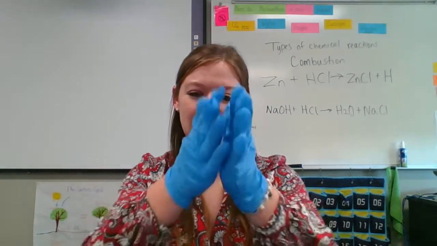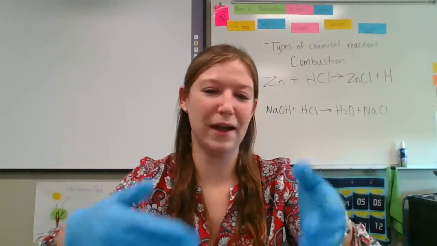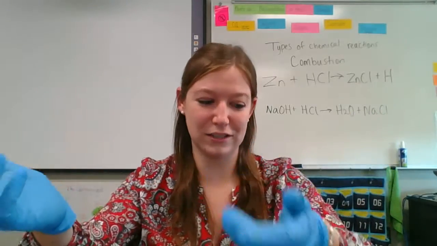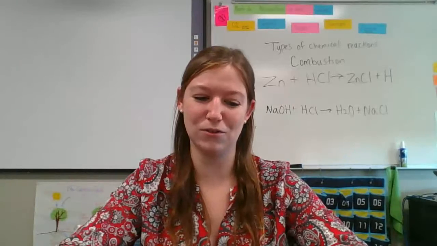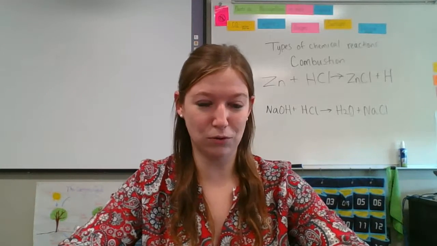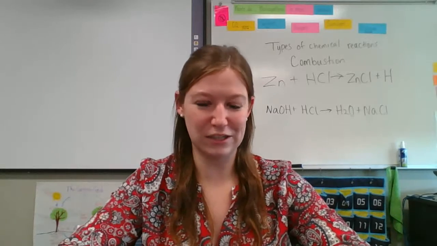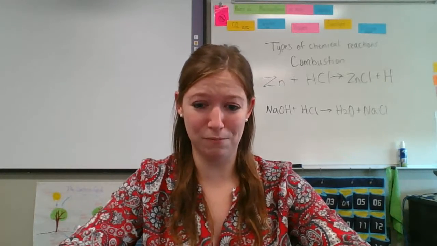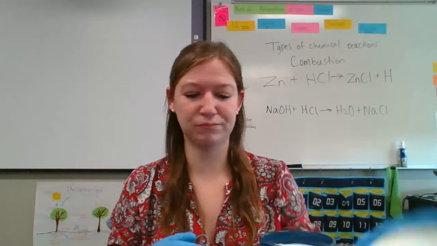It will dissociate, it will decompose, and it will form hydrogen gas and oxygen gas, neither of which are very helpful if you're trying to clean a cut or use for the many things that we use hydrogen peroxide for. Hydrogen gas and oxygen gas are not really going to help you out. So that was our example for decomposition.